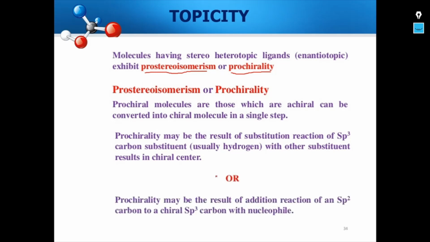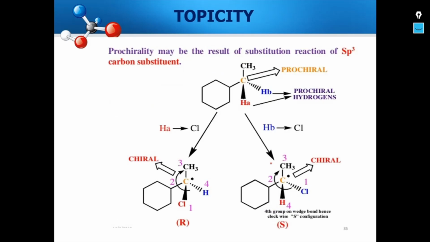Now, this can happen in an sp3 hybridized carbon, by the replacement of a particular atom or ligand attached to an sp3 carbon, or it can happen as a result of addition reaction of an sp2 carbon. So both these situations are possible.